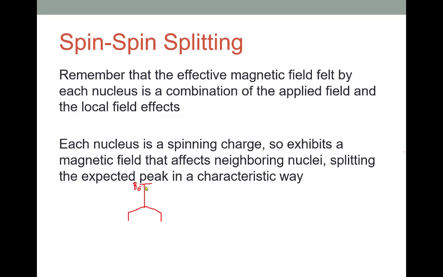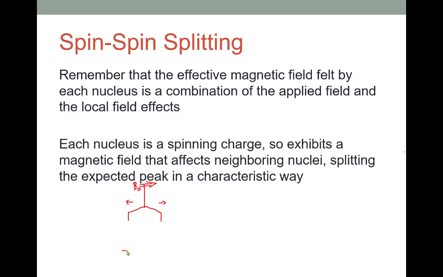So imagine, for instance, that our instrument's magnetic field is aligned in that direction. If the neighboring proton were also aligned in that direction, we'd be a little higher in total. Or if it were aligned opposite, we'd be a little lower in total, adding to or subtracting from the instrument's magnetic field. So what that means is that if the hydrogen that we're investigating, that should nominally have a signal right here in the middle, is next to one hydrogen, it could be in one of two states.